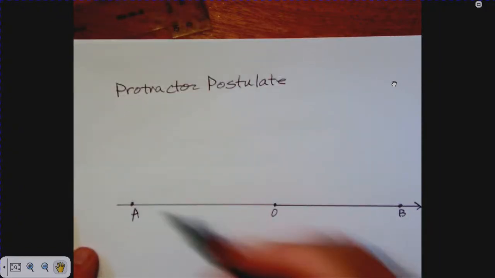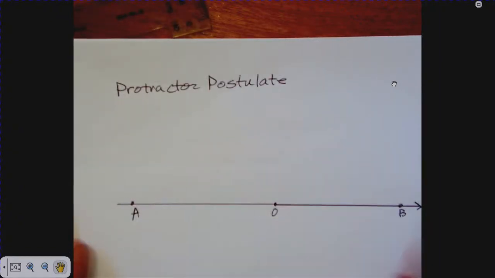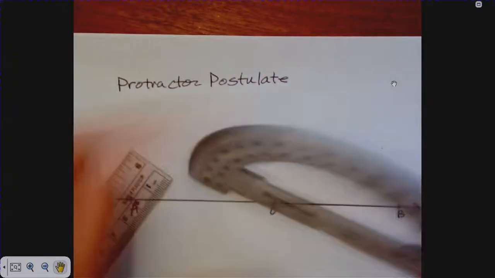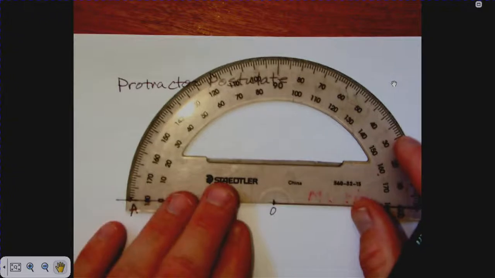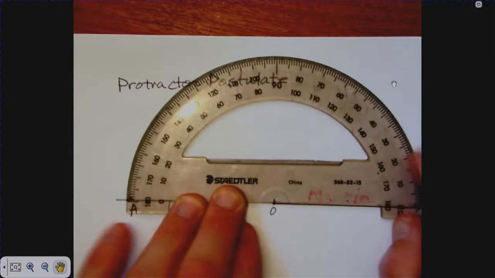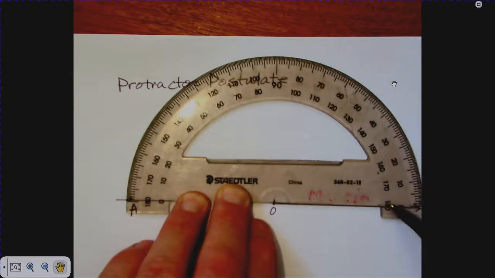And we could divide this up into a series going from 0 to 180 degrees. And so, that's what a protractor does.